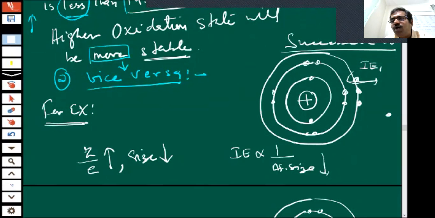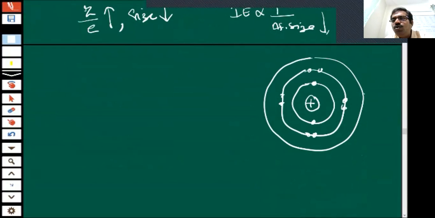This electron is removed outside. Again, if we want to remove this electron, this energy will be known as IE2, the second ionization energy.